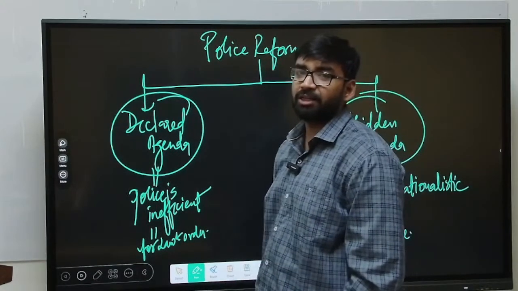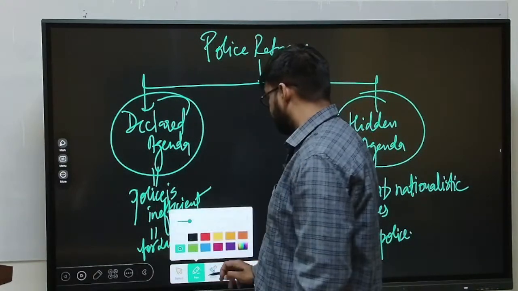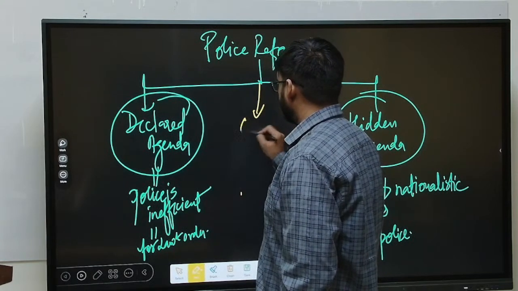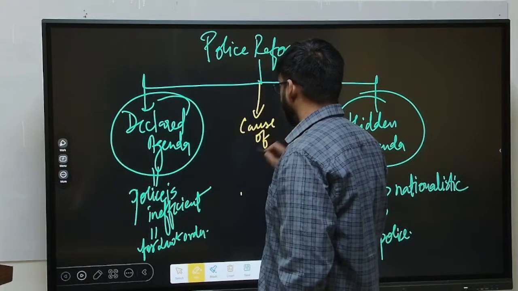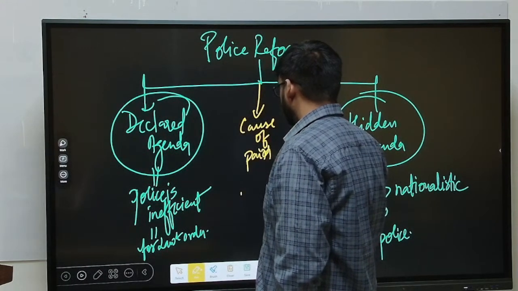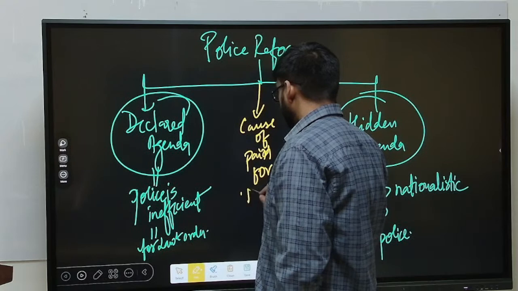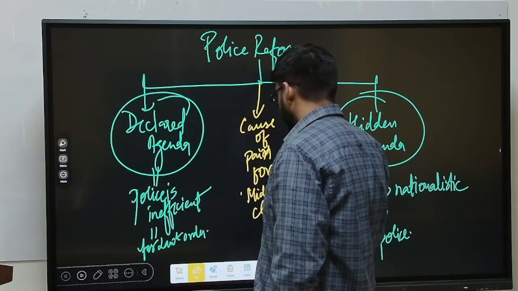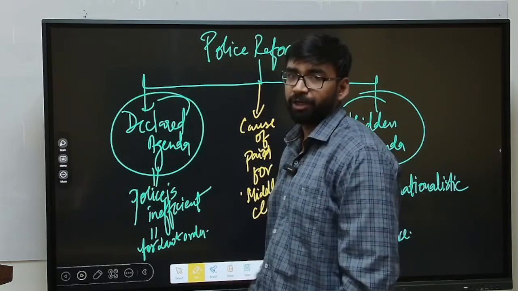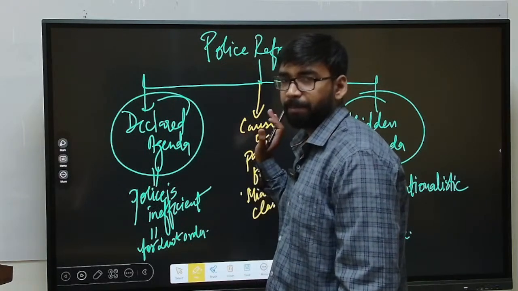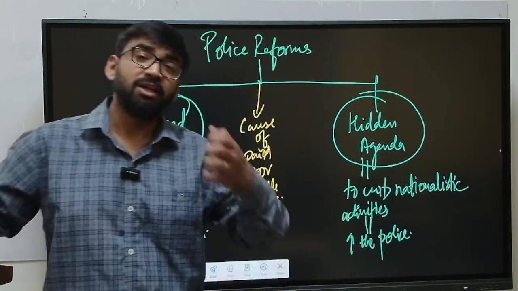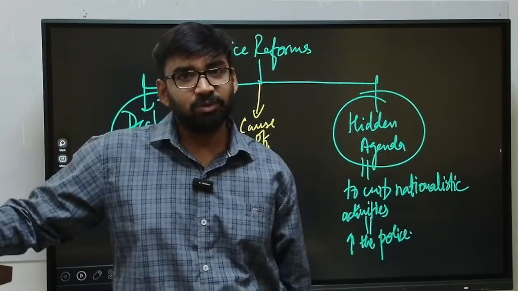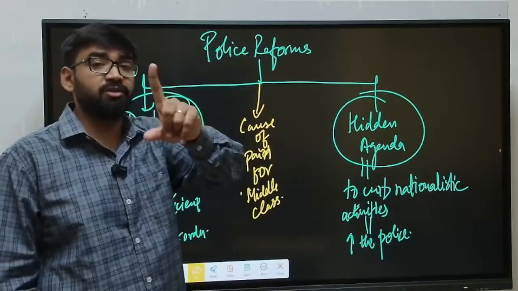This was his real agenda. Again, this became a cause of pain for the educated middle class, for the middle class or for the people of India. So this will increase the sentiments of nationalism.